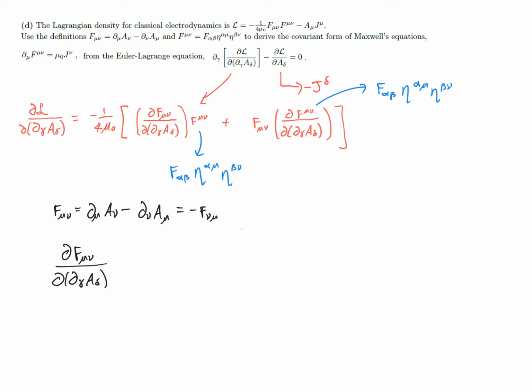So it depends on what mu and nu are as to whether or not this term F mu nu actually contains this particular derivative. In particular, you can see that if mu is equal to gamma and nu is equal to delta, then this F mu nu contains this term, and when I take the derivative with respect to this object, I get 1.